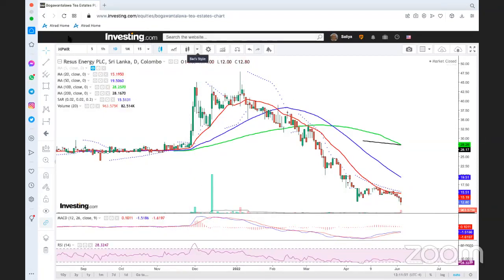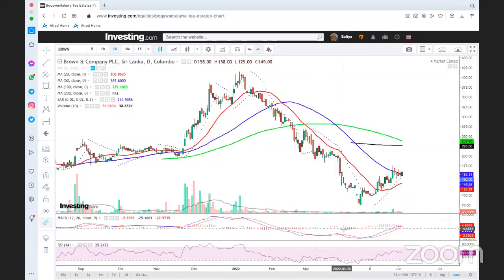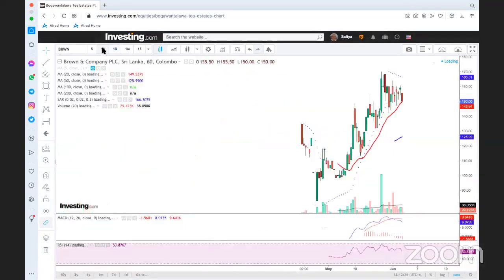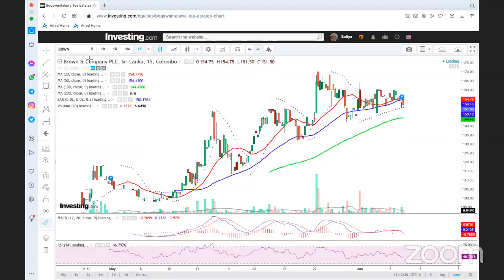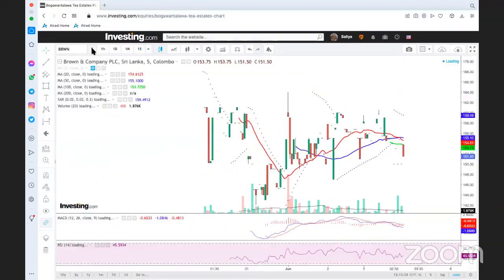Brown and Company. Okay, you have the minimum standards, right? But these are not broken out. So once again, it's in the initial stage, forming a base. If you want to trade, you can go to the 1-hour chart, 15 minutes or 5 minutes and take a trade.